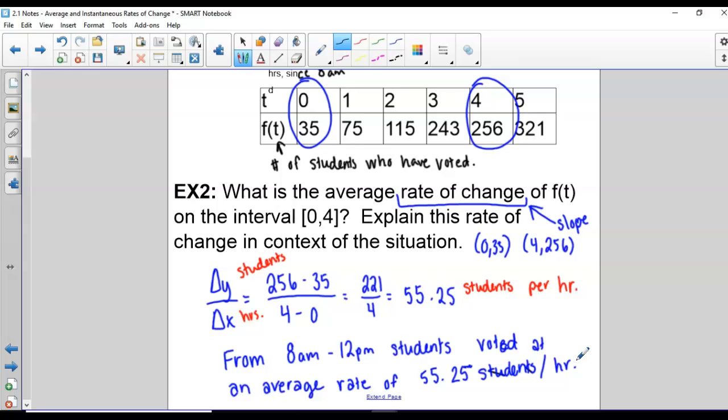Of course, it doesn't make any sense to have 0.25 of the students. But averages don't necessarily have to make sense because they just describe the trend, not the actual number of people there. So that's what this particular instance tells us here.